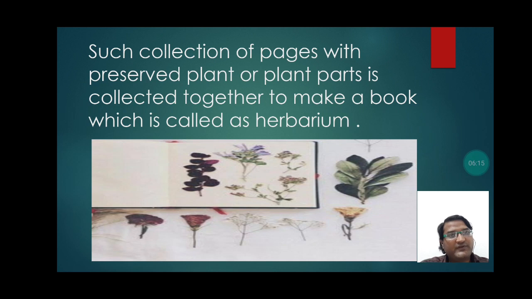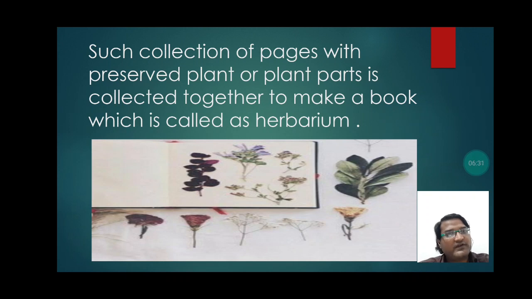Such collection of pages with preserved plant or plant parts is collected together to make a book, which is called as herbarium.